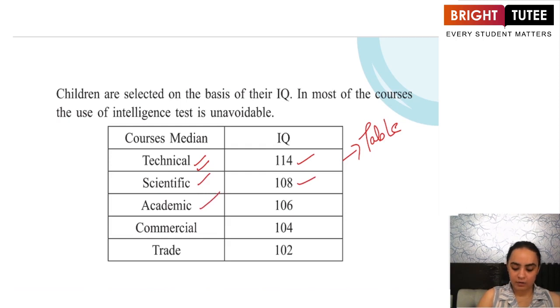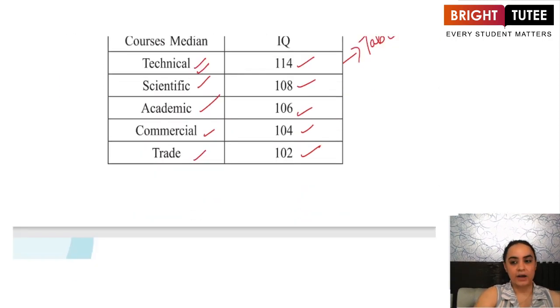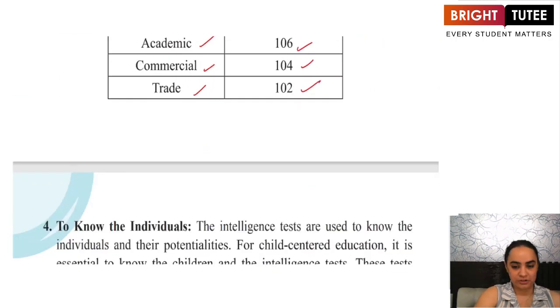For academic courses, it is 106. For commercial courses, it is 104. And for trade-related courses, the IQ level accepted and expected is 102. So this is how the tests help one to categorize the students.